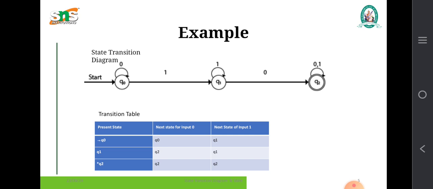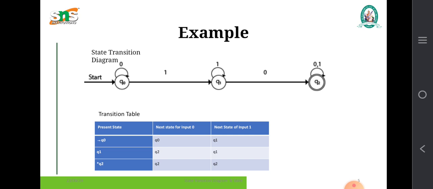Again in Q1 there is a self loop where it gets 1 and stays in the same state, and by getting 0 it goes to the state Q2. You can see the symbol of a double circle, which represents the final state. There also you have a self loop, that is, by getting 0 and 1 it stays in the same state.